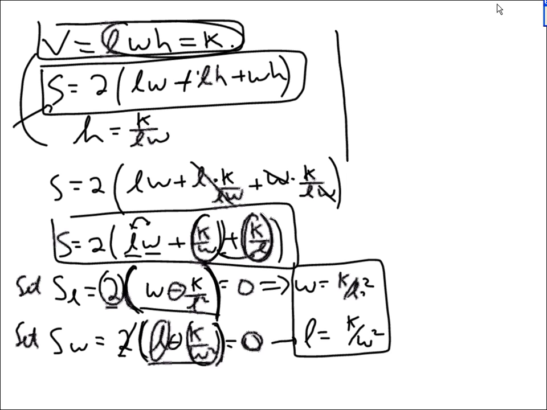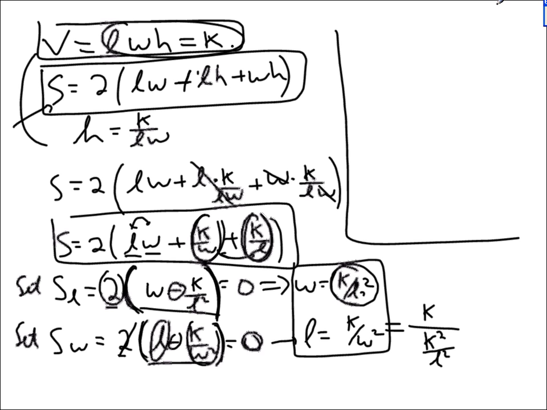So let me start working up here. We know that L is equal to K divided by W squared. But that's another way of writing W. So it's K squared over L squared squared.